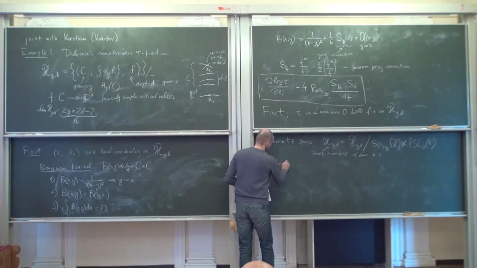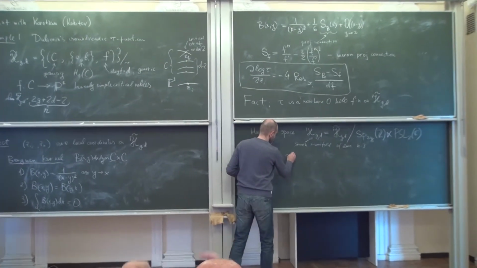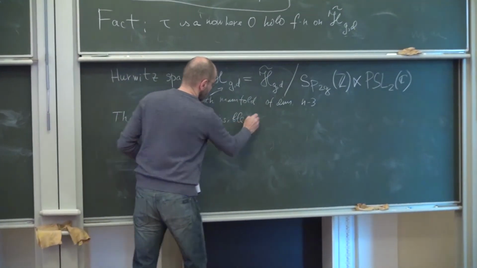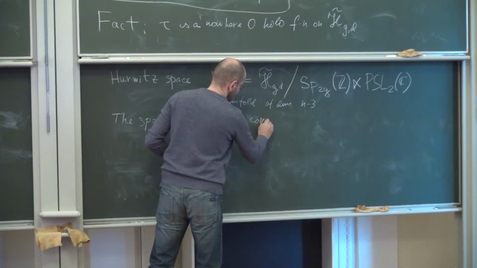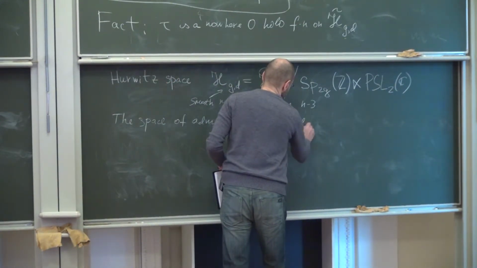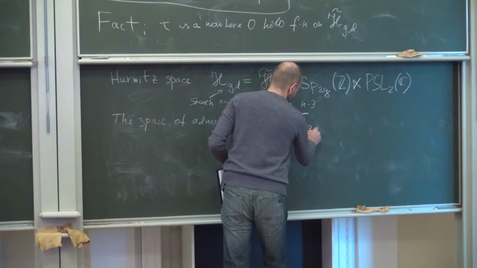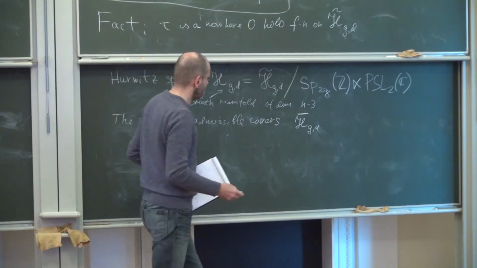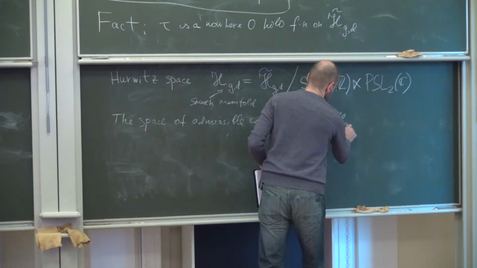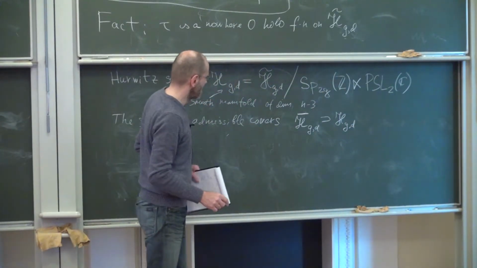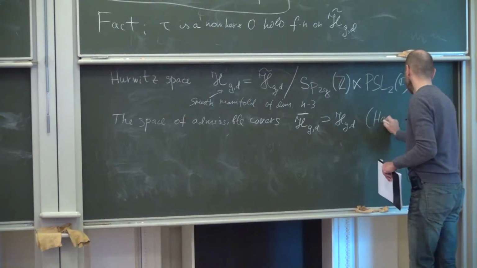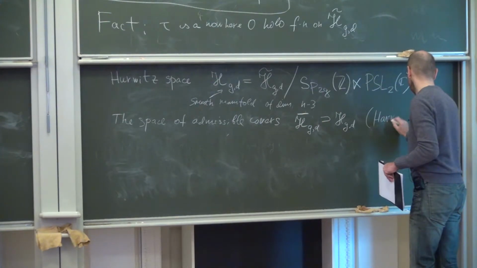So the space of admissible covers, that's denoted by H bar GD, of course contains HGD as a Zariski open subset, and this space was introduced by Harris and Mumford.